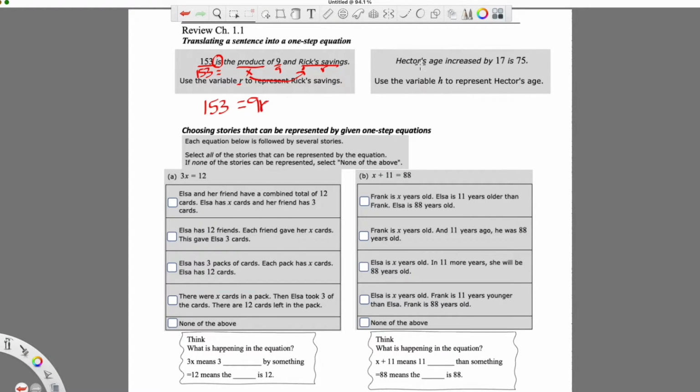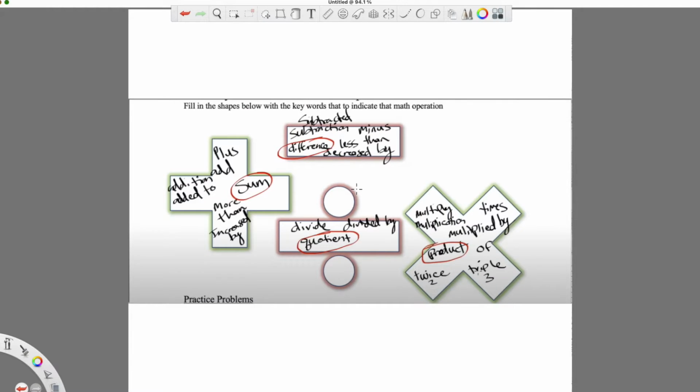All right, let's look at the second one. We have Hector's age, and they want me to use H for Hector's age. Increased by is my operator, telling me what to do. That was on the list, along with decreased by, so they want me to use addition.